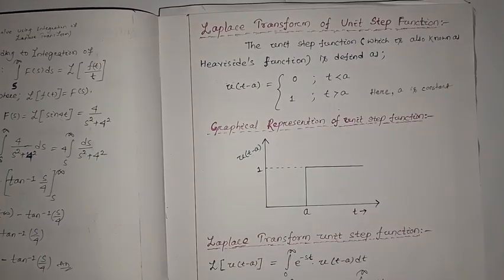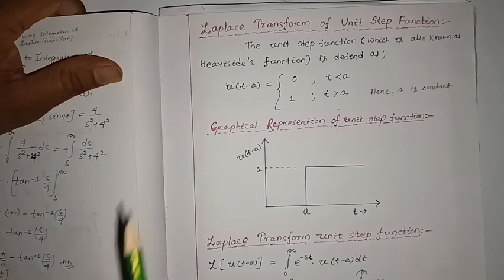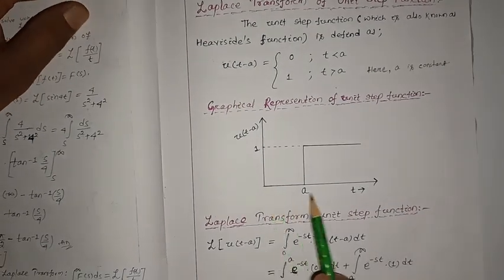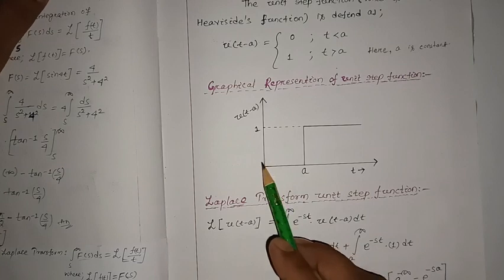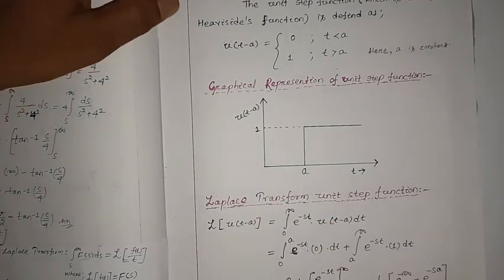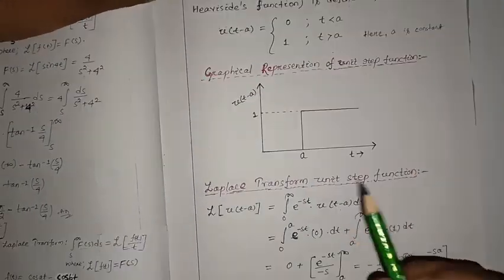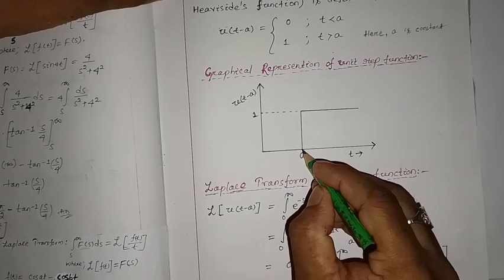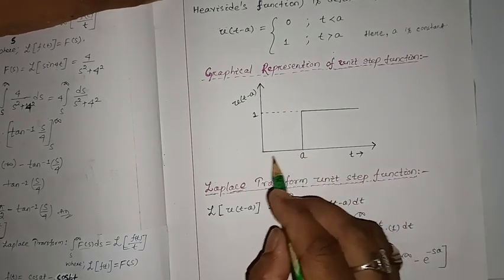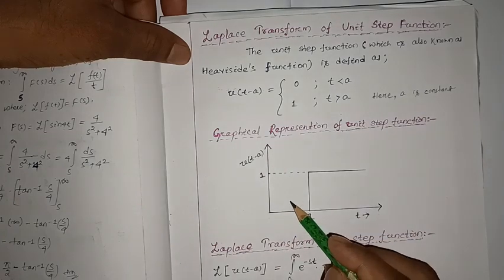Now we are going to represent this unit step function graphically. Along the x-axis we consider t and along the y-axis we consider u(t minus a). Suppose along the x-axis this point is t equal to a. Less than t equal to a, the value of u(t minus a) is 0.